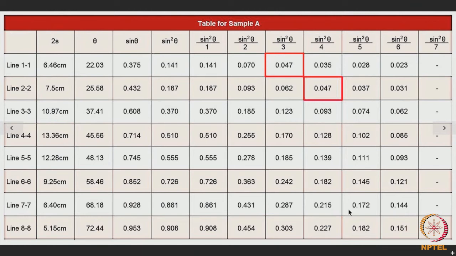From this table we find that for line pair 1, 1, 1, if its sin square theta is divided by 3, it gives you a value of 0.047. Again we find that the sin square theta of line pair 2, 2, 0, when divided by 4, gives us a value of 0.047.